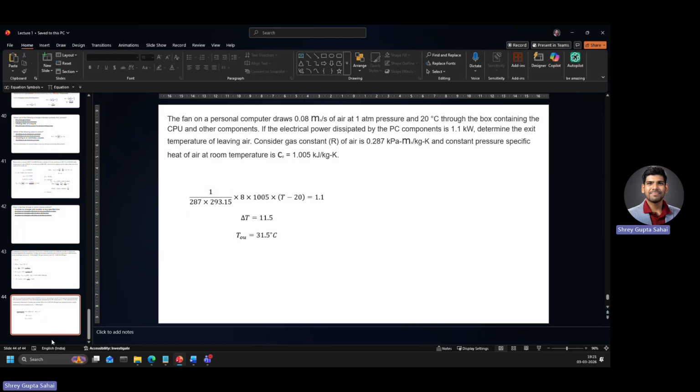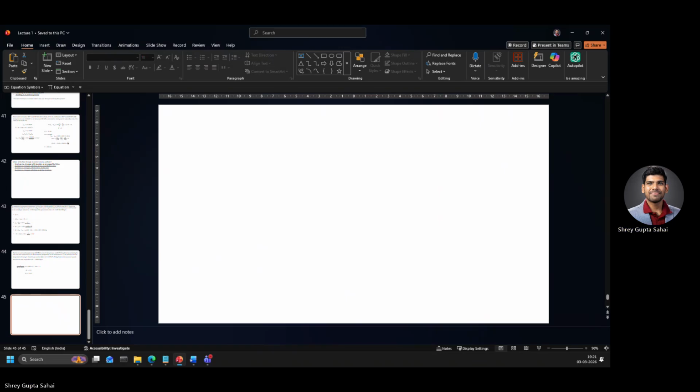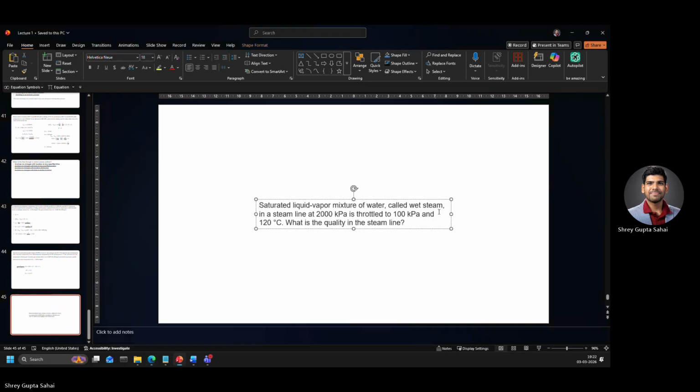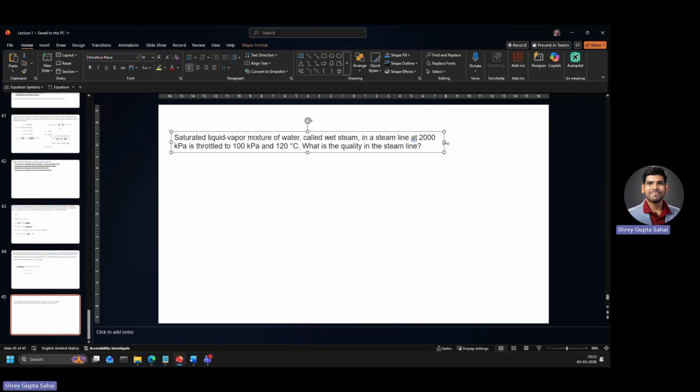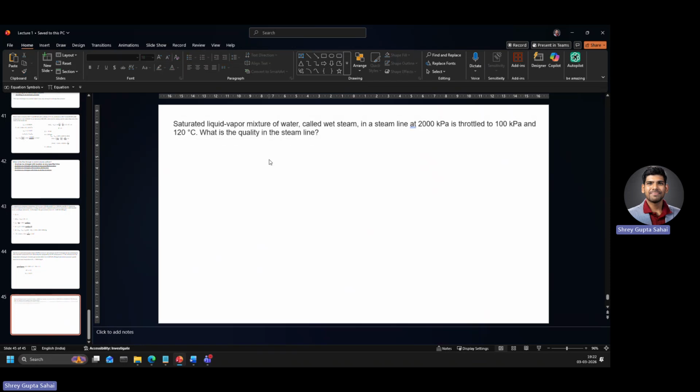But now let's do the last question for today and let's get this thing going. Saturated liquid vapor mixture of water, called wet steam, in a steam line at 200 kilopascal is throttled to 100 kilopascals. What is the quality in the steam line?